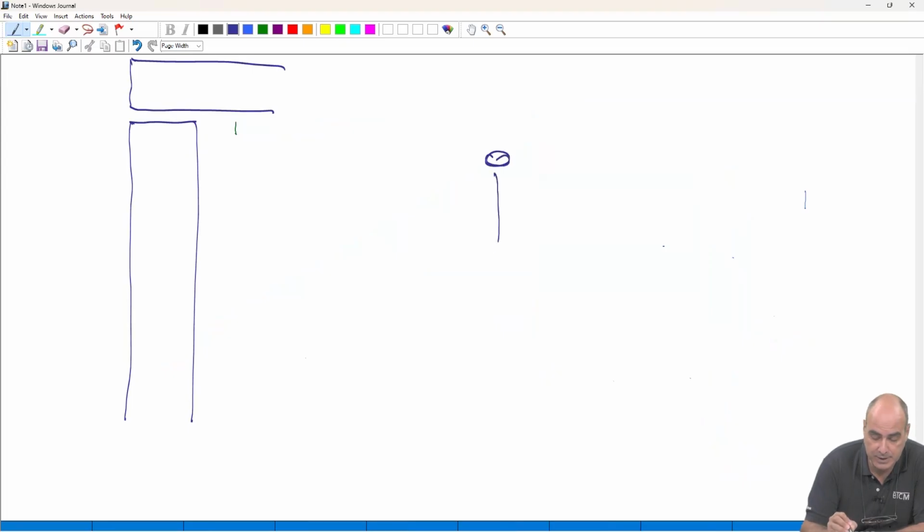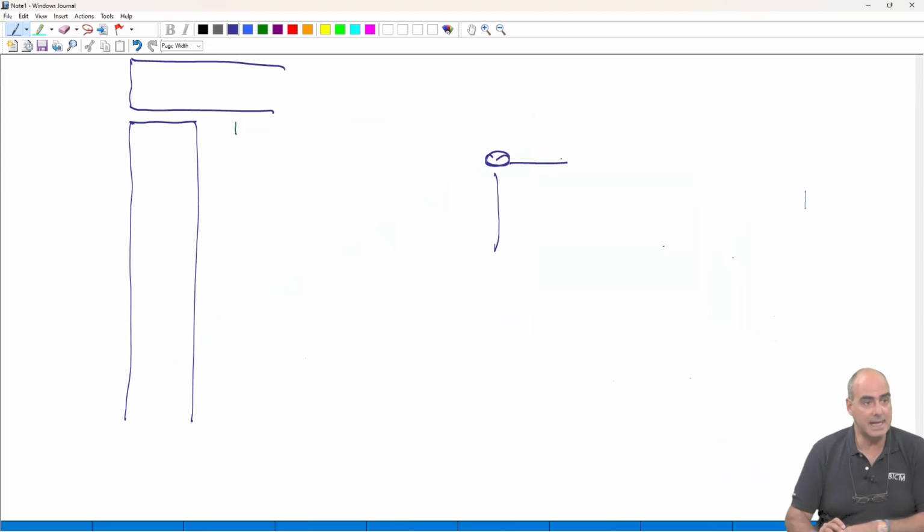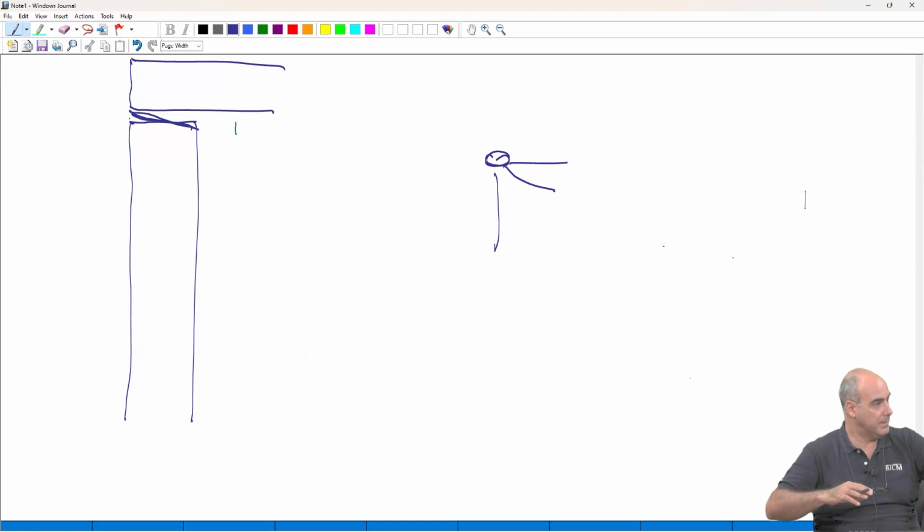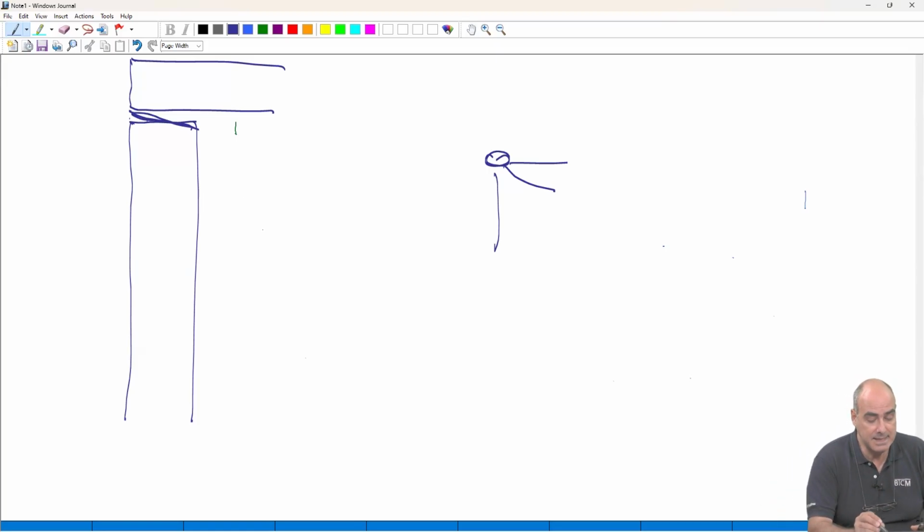If this connection is hinged, what does it mean? It means that the beam is allowed free rotation. It means that the beam will do something like this. Well, it's difficult that it goes up and completely detaches from the column cross-section. But this means that you do not have a distribution of pressures transmitted by the beam to the column like this.